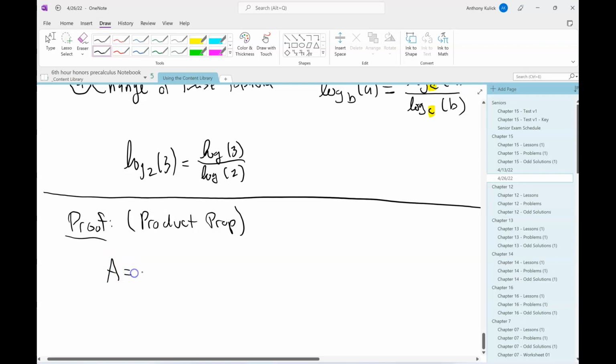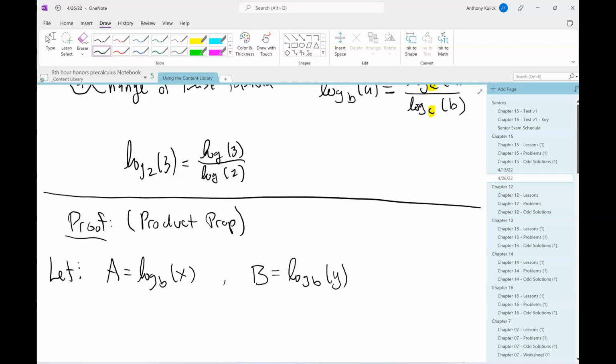So I'm going to define capital A as log base b of x and capital B as log base b of y. Okie dokie.